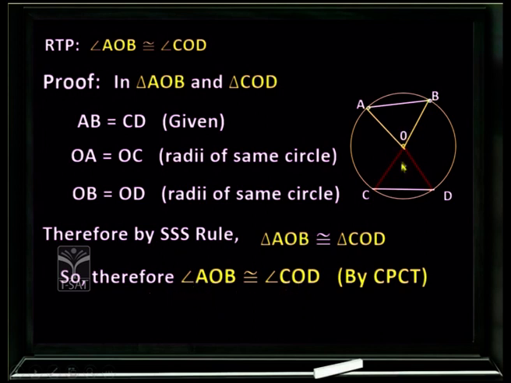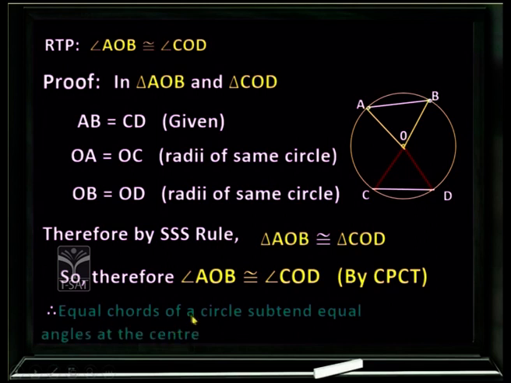If these two triangles are congruent, we can say by corresponding parts of congruent triangles, the angles are equal. By corresponding parts of congruent triangles, angle AOB is equal to angle COD. So, what can we conclude? Equal chords of a circle subtend equal angles at the center. So, this is the proof of the theorem.